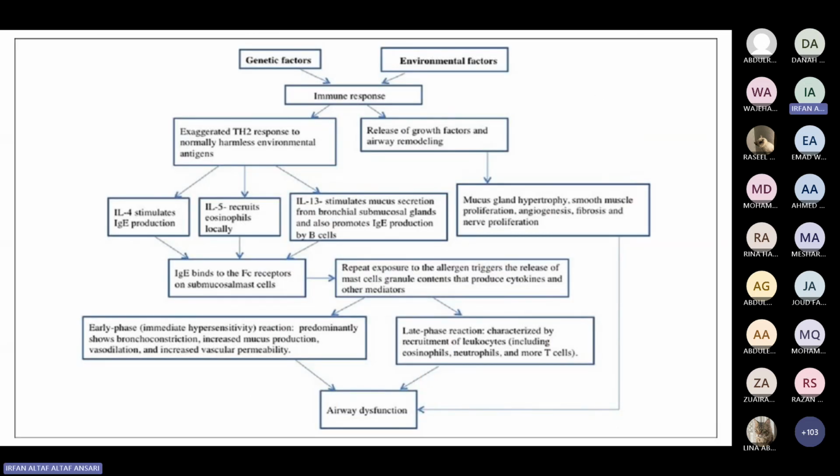So there are genetic factors and environmental factors that will bring about the immune response. What will happen with this immune response? There is an exaggerated T helper type 2 cell response. This will produce certain cytokines, especially IL-4, which will stimulate immunoglobulin E production, IL-5, which will recruit eosinophils from the circulation, and IL-13, which will stimulate mucus glands in the bronchi to secrete mucus.